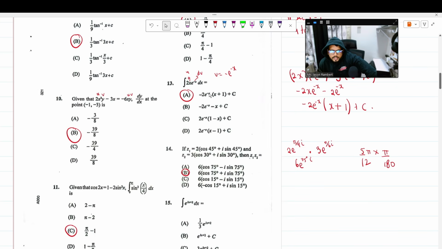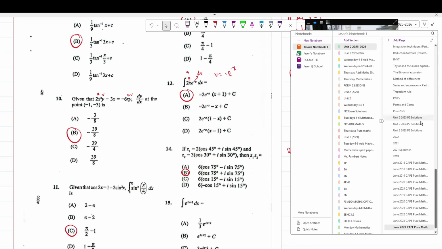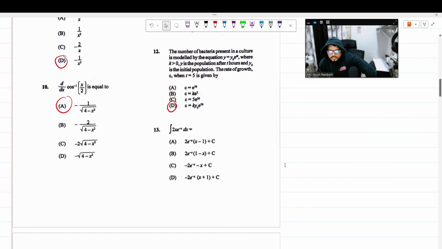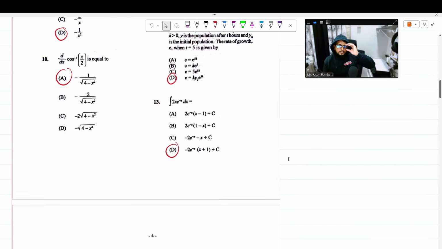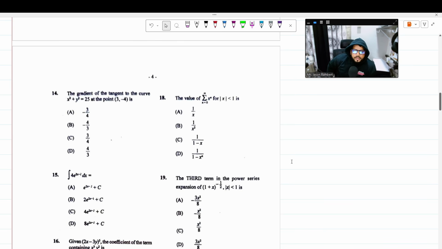Minus 2e to the minus x into x plus 1. The gradient of the tangent to the curve, so I believe 3/4 was the answer for this. We would get minus x over y.